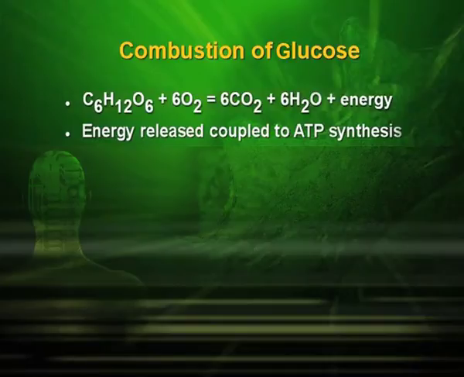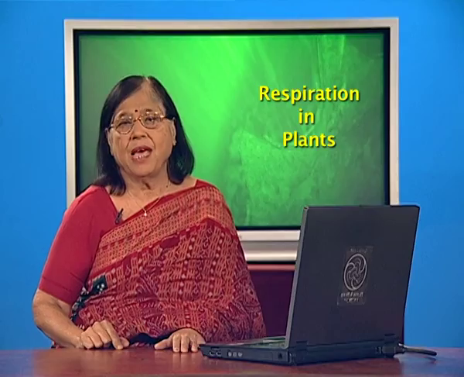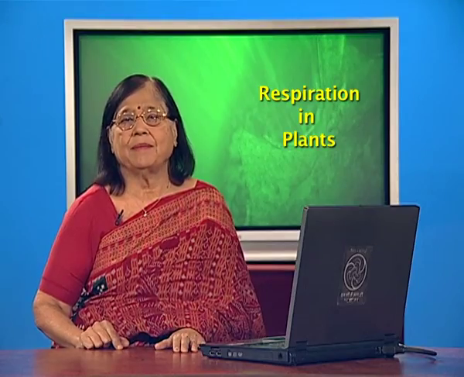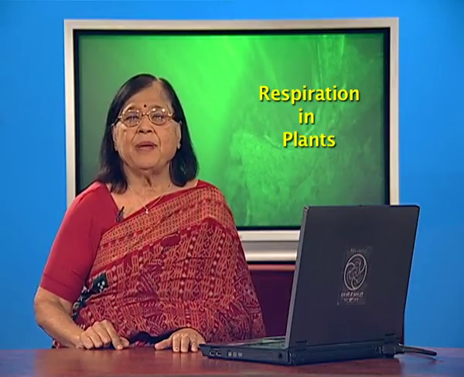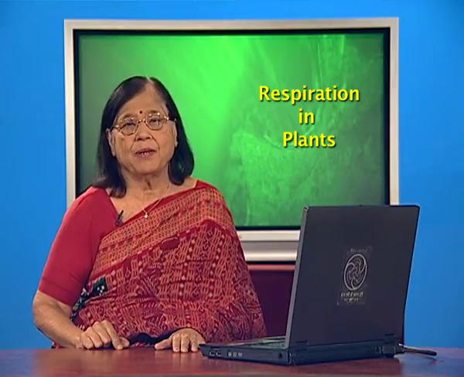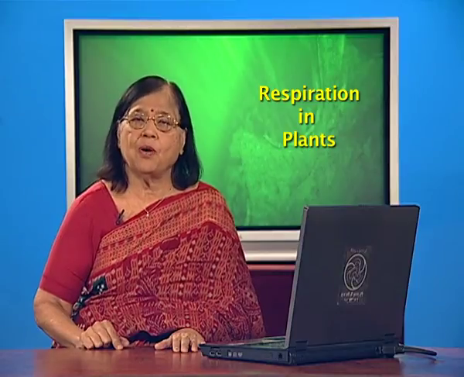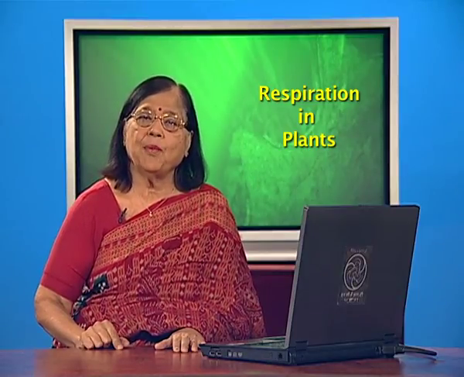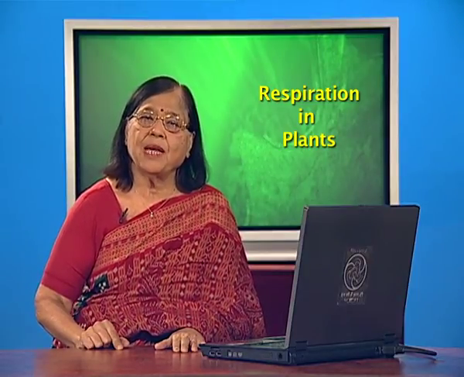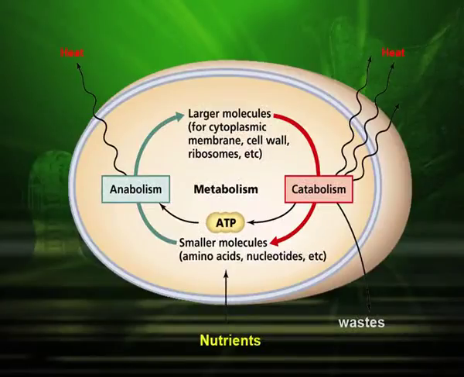The energy which is released is coupled to ATP. Children, try to understand this point. We have some ATP in the body all the time. Now, whatever ATP is produced, more is coupled to this. So, in the plant body also we have ATP, and more ATP is coupled to it to give energy round the clock or whenever the plant requires.